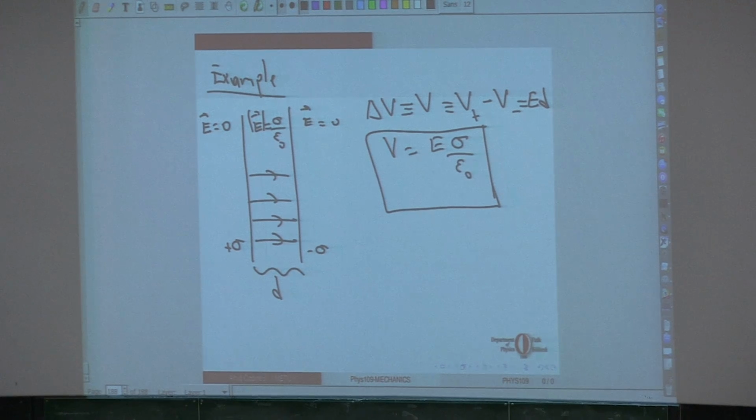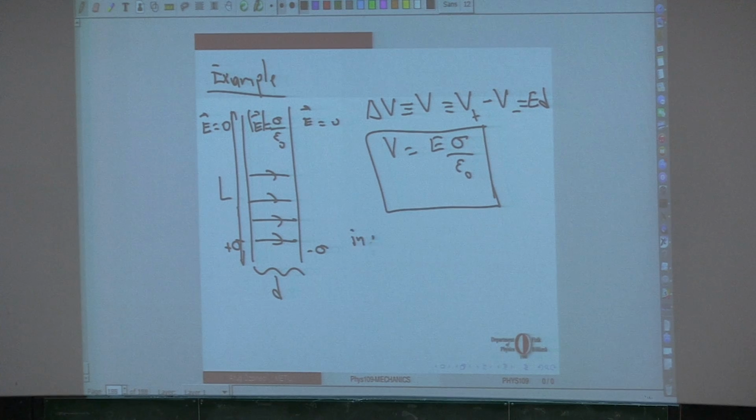Now, what does infinite plate mean? In physics, we never have infinite plates. If we have an infinite plate, then we have an electric field which is uniform. But what does an infinite plate mean again? Let's say this is the length of the plate.